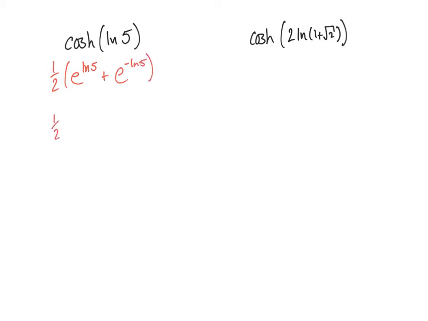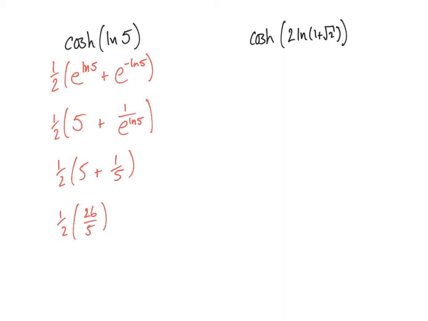So that's a half of, well, I know e to the log 5 is just 5. This is 1 over e to the log 5. So this is a half of 5 plus 1/5, which is a half of 26 over 5, which is 13 over 5. And so we can evaluate that quite quickly.